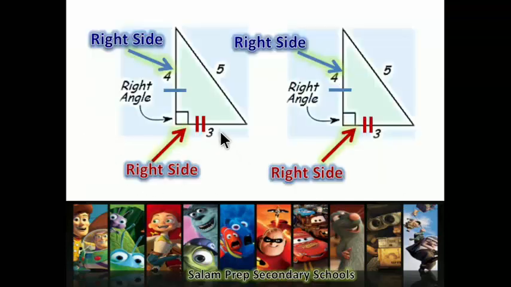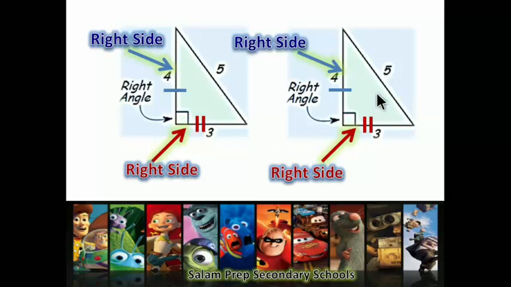Look, these are two right-angled triangles. In the first triangle, this is the right angle. So the right sides of the right angle, this is a right side, this is a right side.